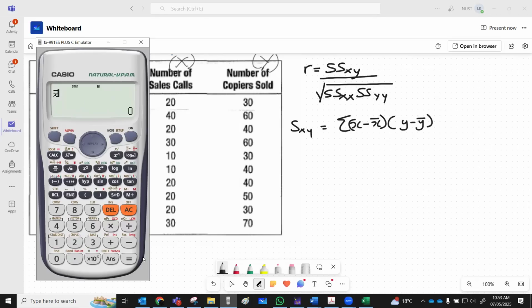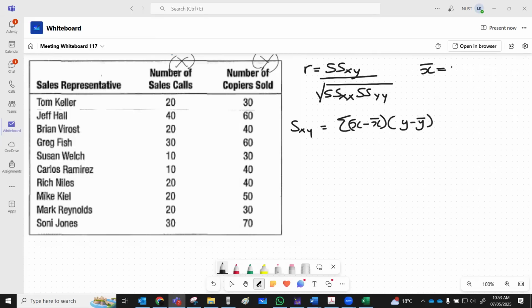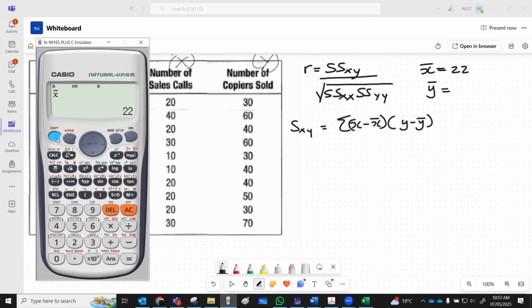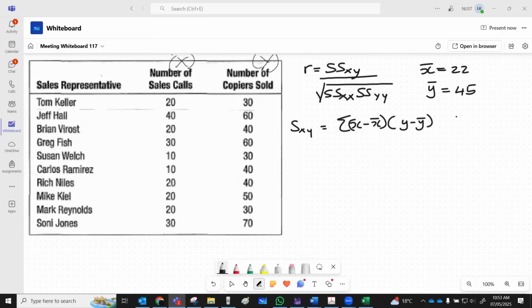So x bar is 22, and y bar is option number 5. This is 45.